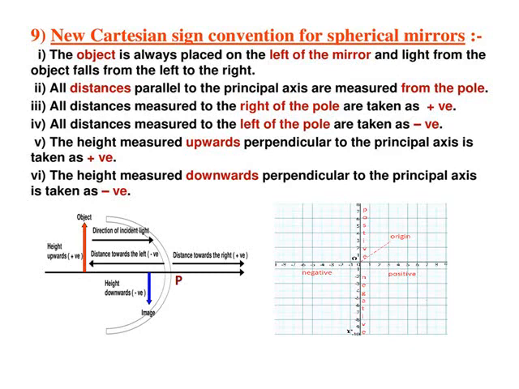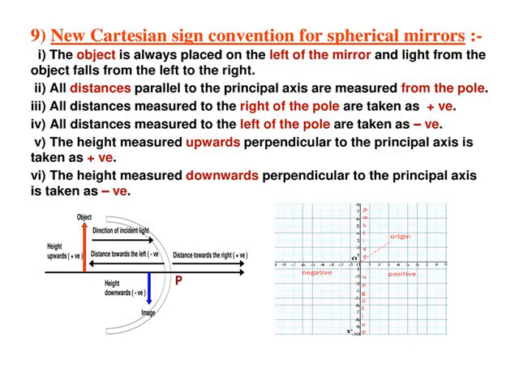Similarly on the y-axis, above the origin you have positive values, and below the origin you have negative values. Once you are clear with these graphical symbols, where the positive and negative come, the same thing you can apply to the mirror on the left side.